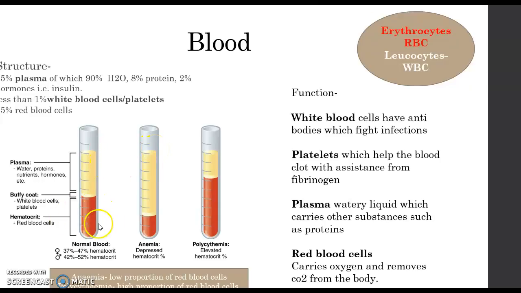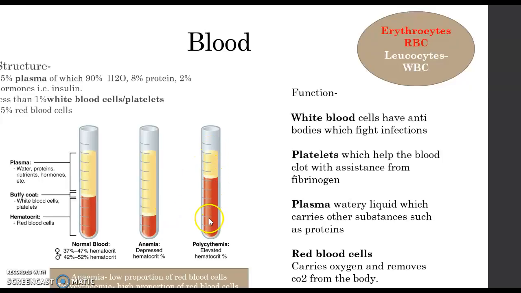And then at the bottom here we've got the 45% that's left over for red blood cells. And these red blood cells carry oxygen and remove the CO2 from the muscles. So this is what you'd expect to find in someone with an equal split. However, some people have anemia, which is a low proportion of red blood cells. So this is why they have a much smaller red cell portion and they've got more plasma.